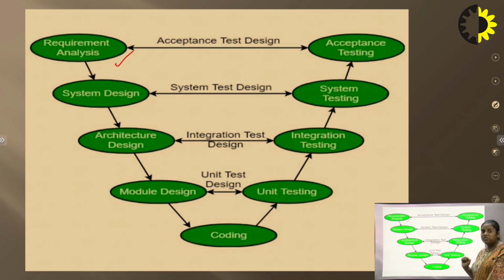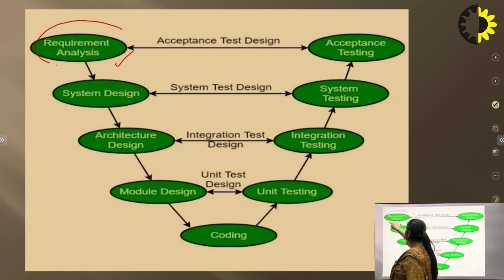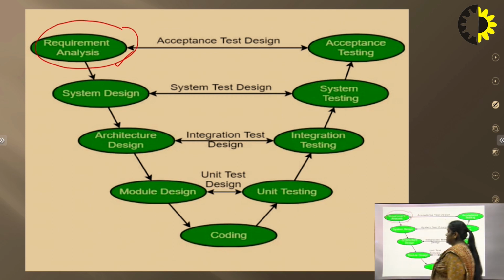The V model starts with requirement analysis. After requirement analysis, first of all, we present those requirements in front of our customer or client, and if they approve that particular requirement analysis document or phase, confirming that it is accurate related to their requirement, then we perform verification of that requirement analysis.